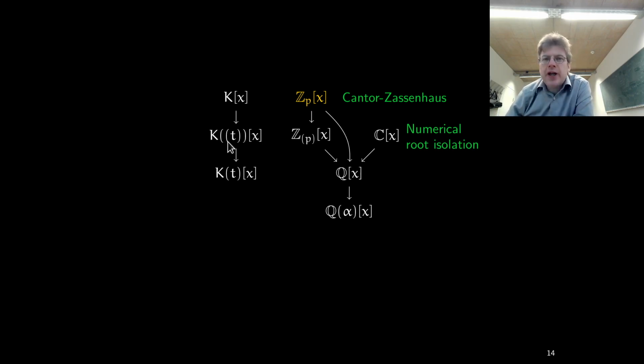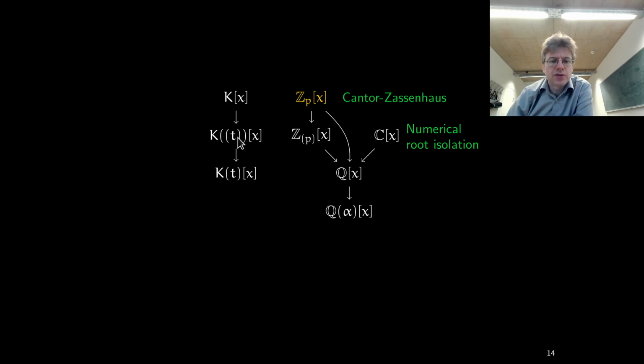Because the factors may have infinite series in their coefficients, and to compute these factors will mean to compute the coefficients of these coefficients up to any desired exponent. So there may be infinite series in the coefficients of the factors, of course not in the input, but in the coefficients of the factors. And we want to be able to compute as many of them as we want.